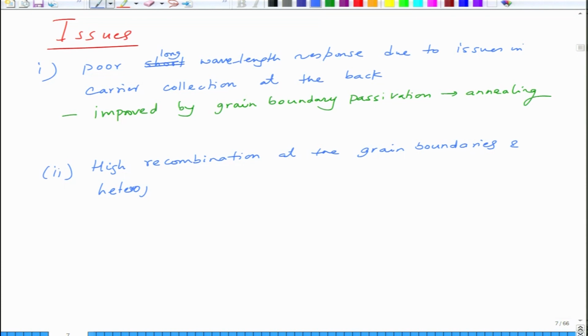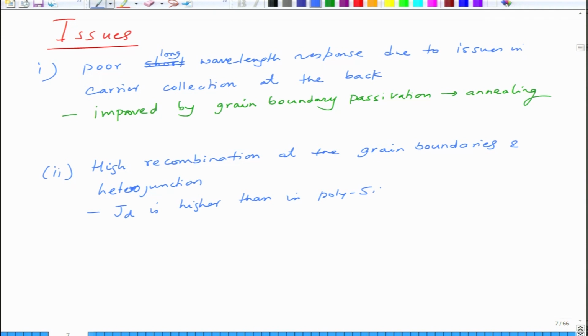Since it is a heterojunction, the recombination is more, and so basically the JD is higher than in polysilicon. So, this is an issue.